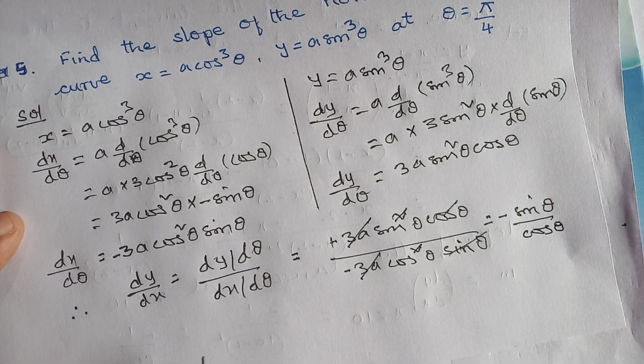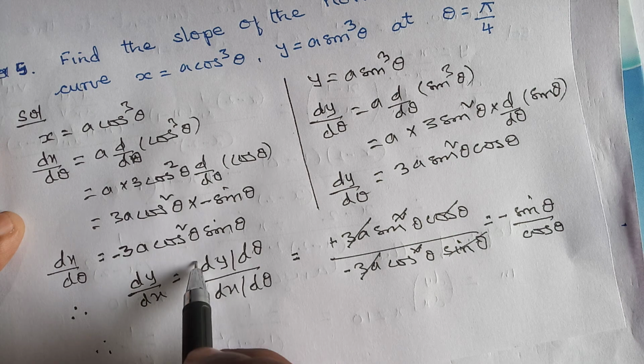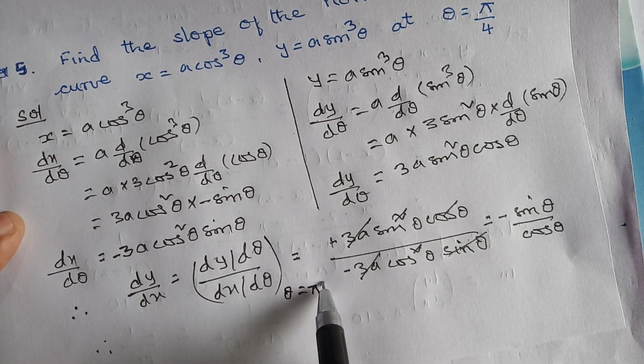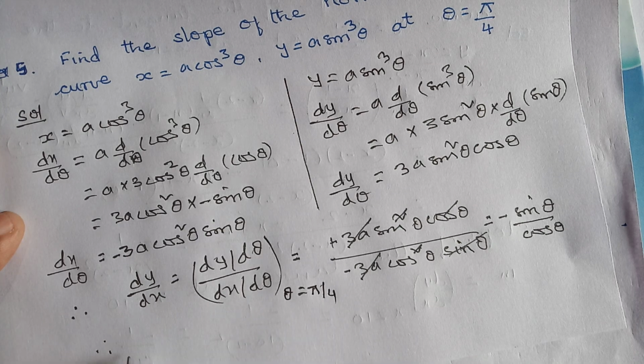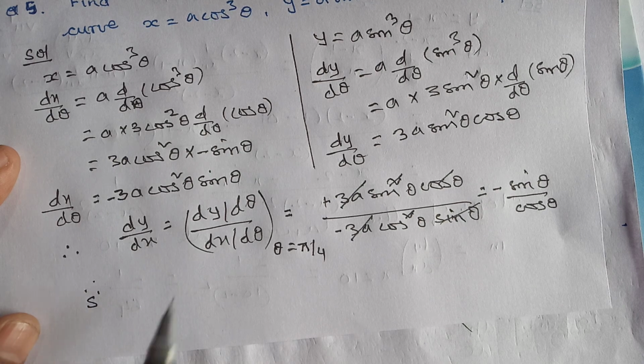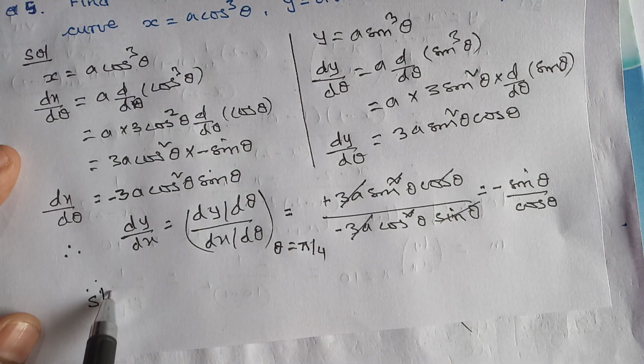At the given value, theta equal to pi by 4, you have to substitute the value. Here you are asked for the slope of the normal, so first find the slope of the tangent.